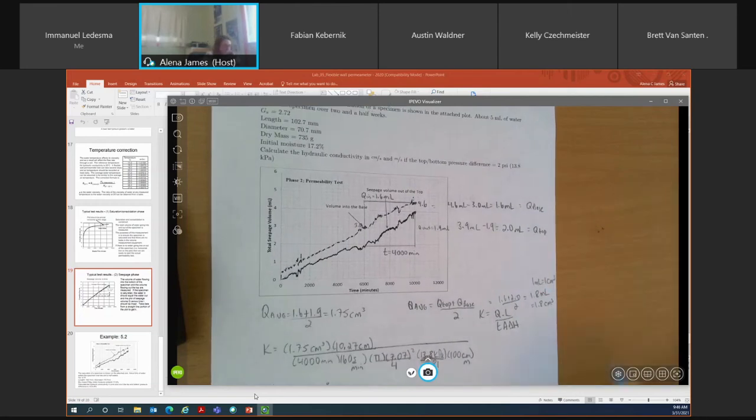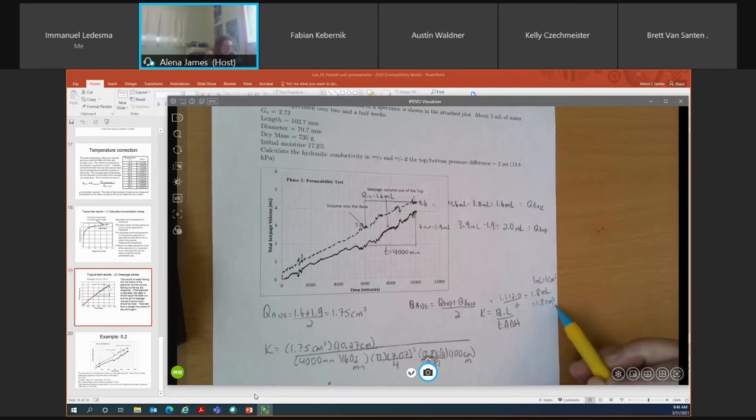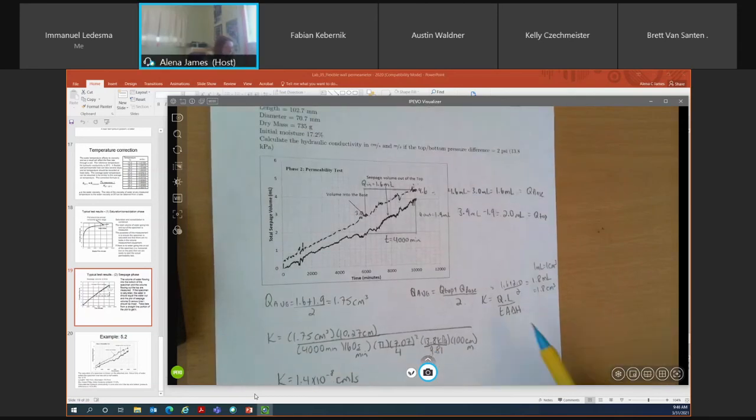So I can just simply convert 1.8 milliliters to 1.8 centimeters cubed.